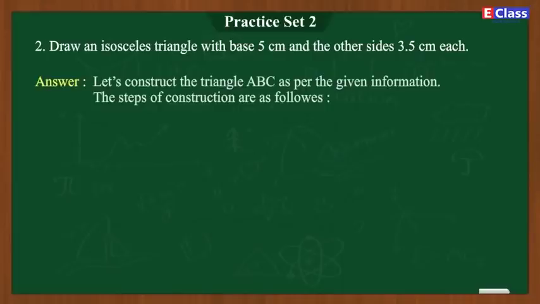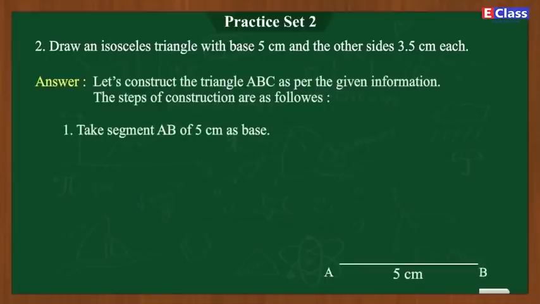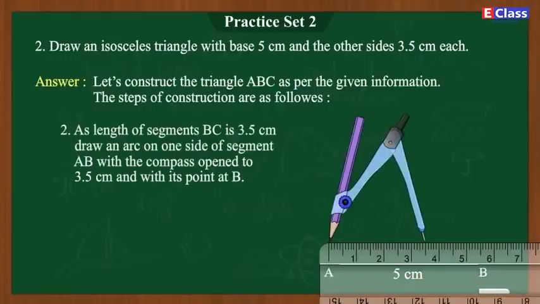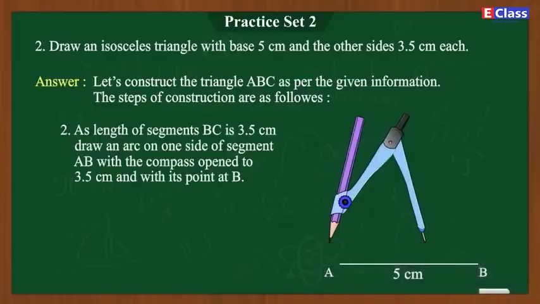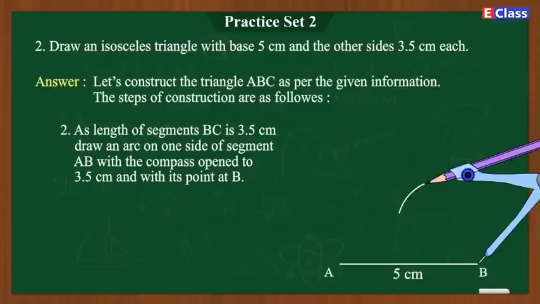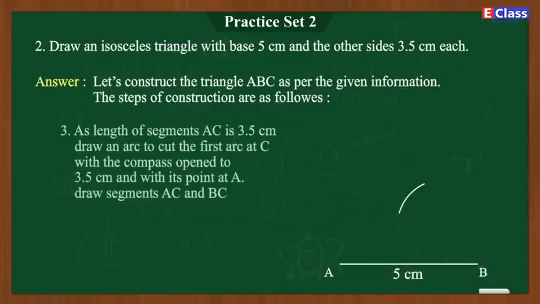The steps of construction are as follows. 1. Take segment AB of 5 cm as base. 2. As length of segment BC is 3.5 cm, draw an arc on one side of segment AB with the compass opened to 3.5 cm and with its point at B. 3.